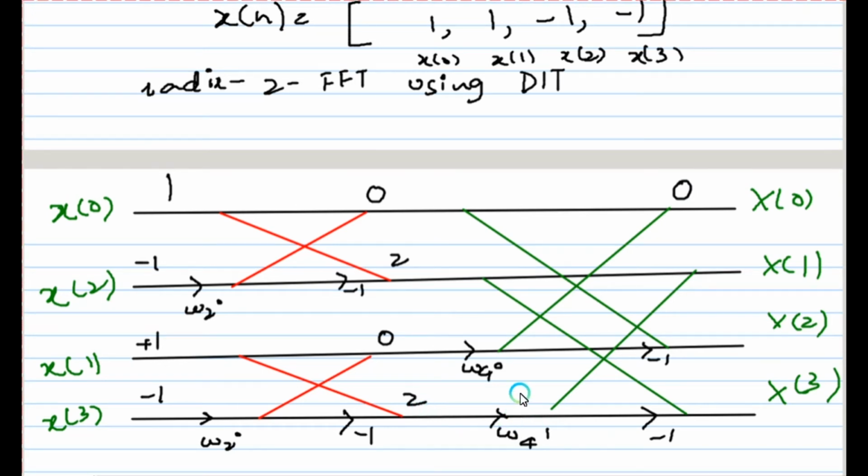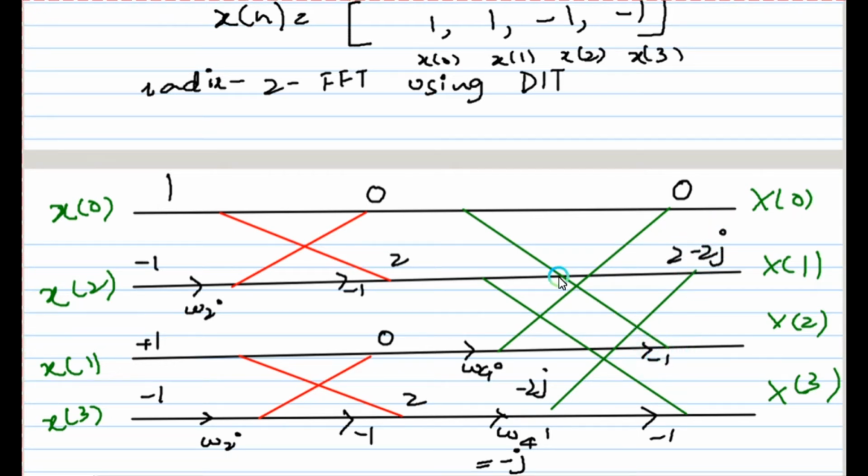W41 is minus j, so 2 into minus j is minus 2j. Plus 2, so it is 2 minus 2j.